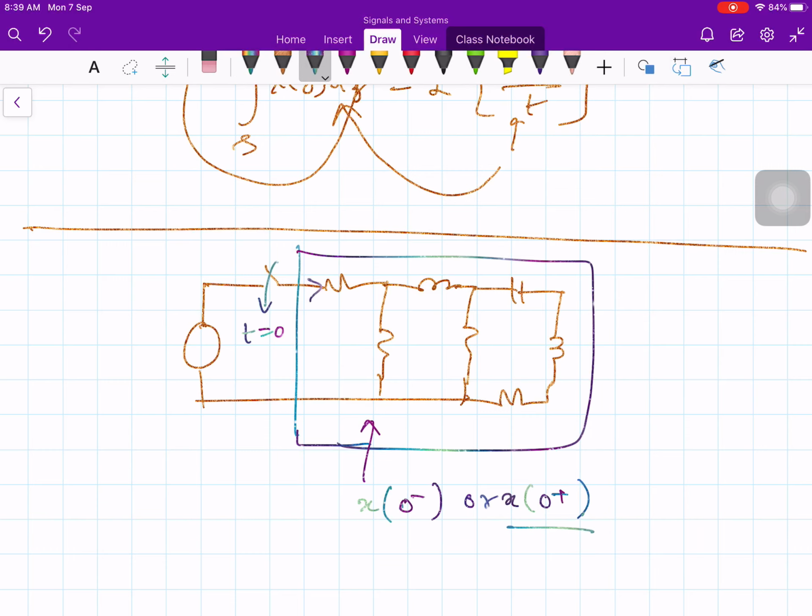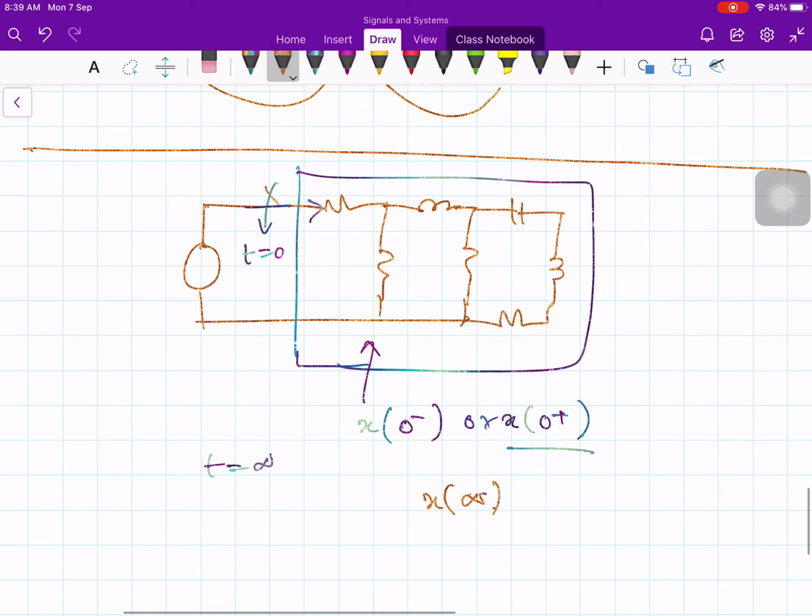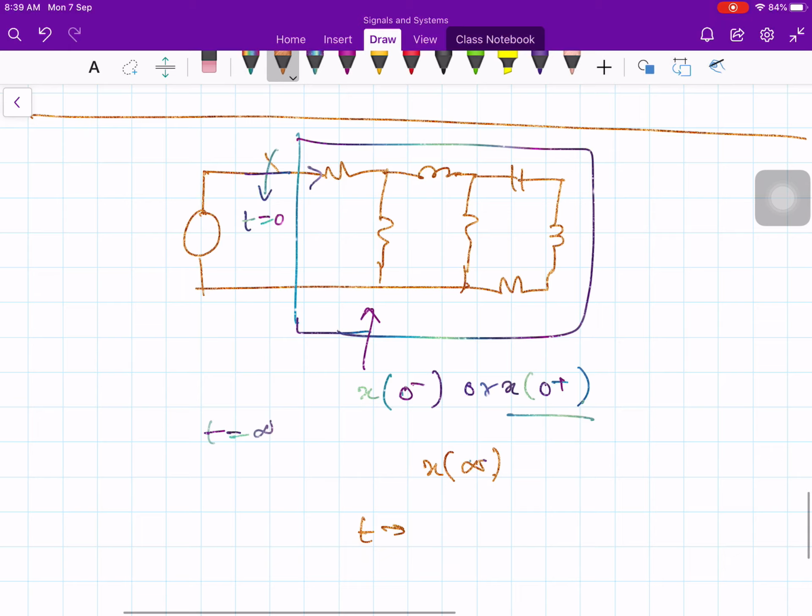And after a long period, you close the switch and allow the switch to be connected for t equals infinite, a very long time, and then you want to know the final value, x of infinity. That means you allow t to go to infinity, then find what is the x of t value.